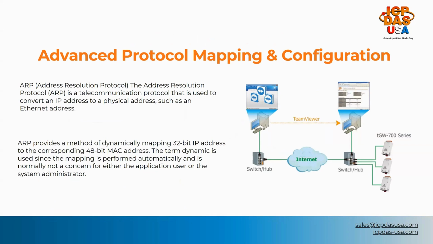For example, when a device wants to send data to another device on the same local network, it uses ARP to find out which MAC address matches the destination's IP address. This mapping happens automatically and is stored temporarily in an ARP table. Since the process is dynamic, it usually doesn't require any manual configuration by the user or network administrator.